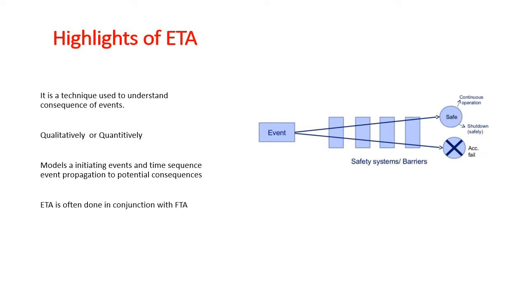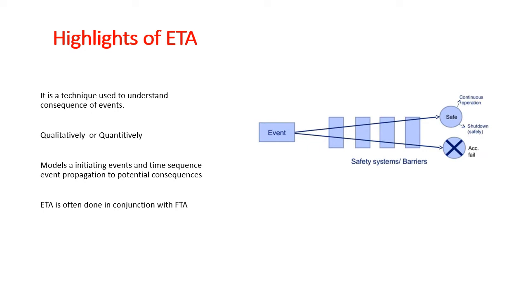When we are doing ETA, or event tree analysis, we assume that the initial undesired event has occurred, and now we want to understand, if that particular event has occurred, what are the consequences. Having various barriers in place, as you can see in this picture on the right hand side, the standing rectangles represent different barriers.